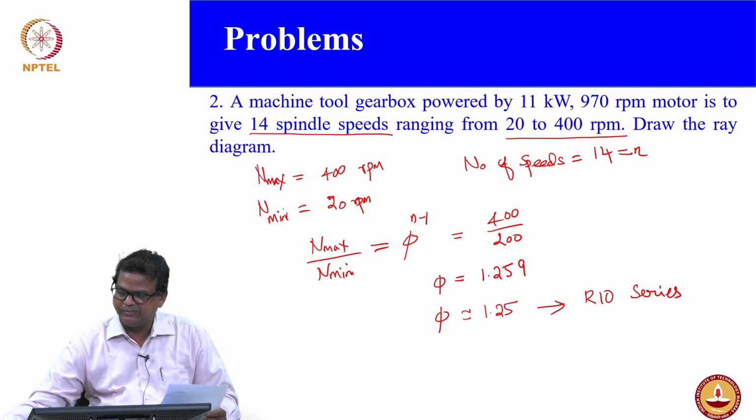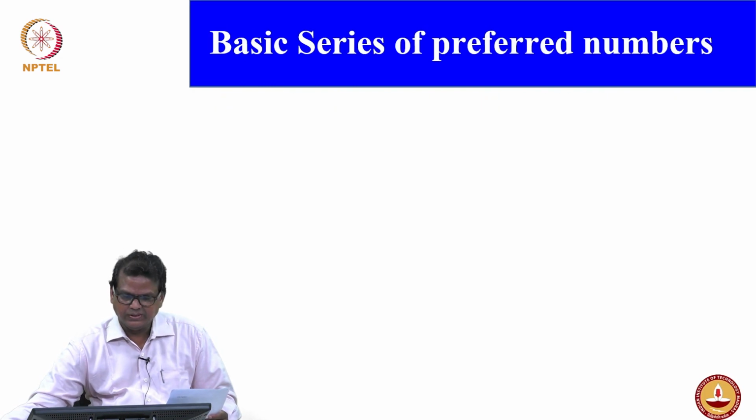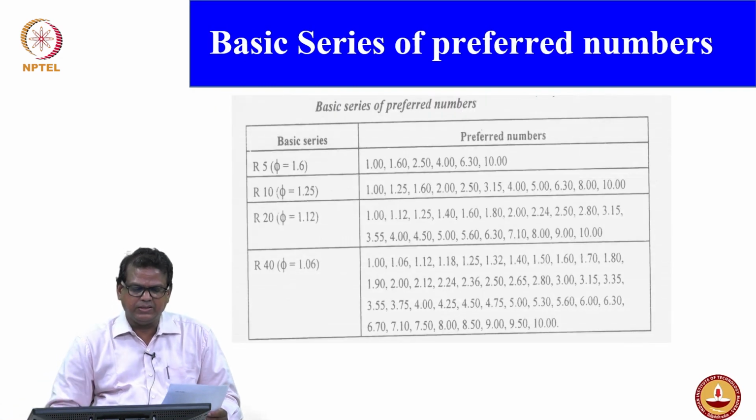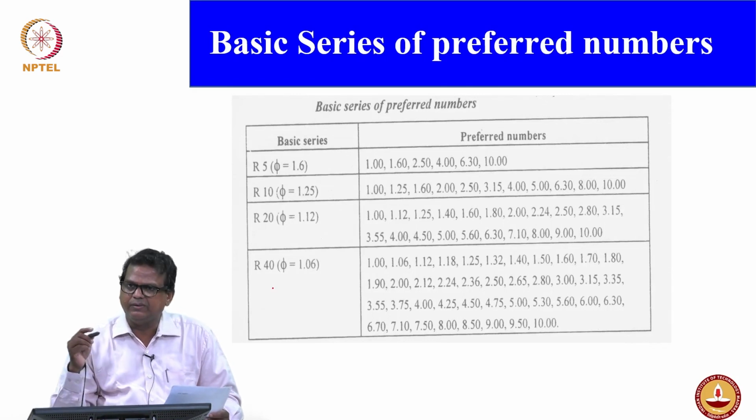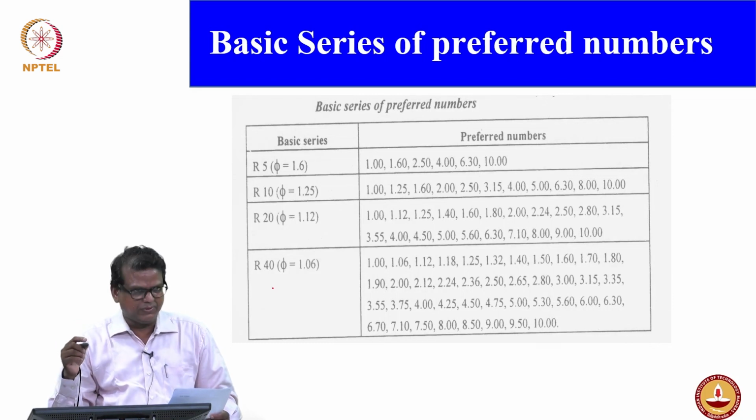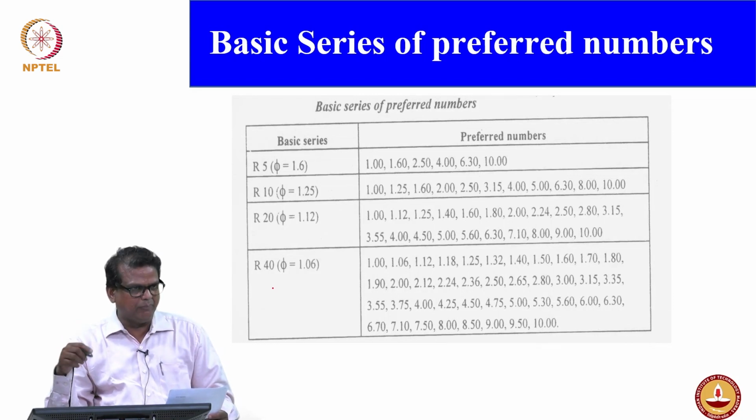If you refer to it, you can see R5, R10, R20 and R40. So our case is 1.25. Of course we got 1.259, and we approximate it as 1.25. As you are aware, the psi ratio can have a 10% variation, so this is fine.